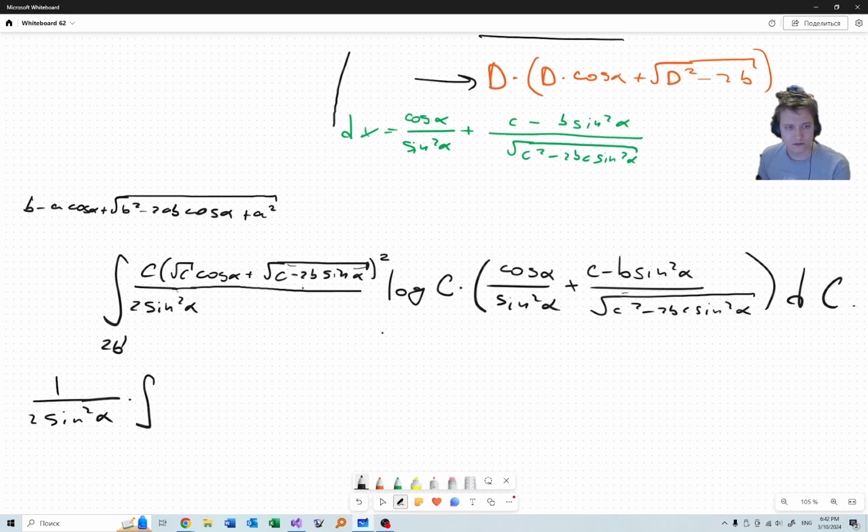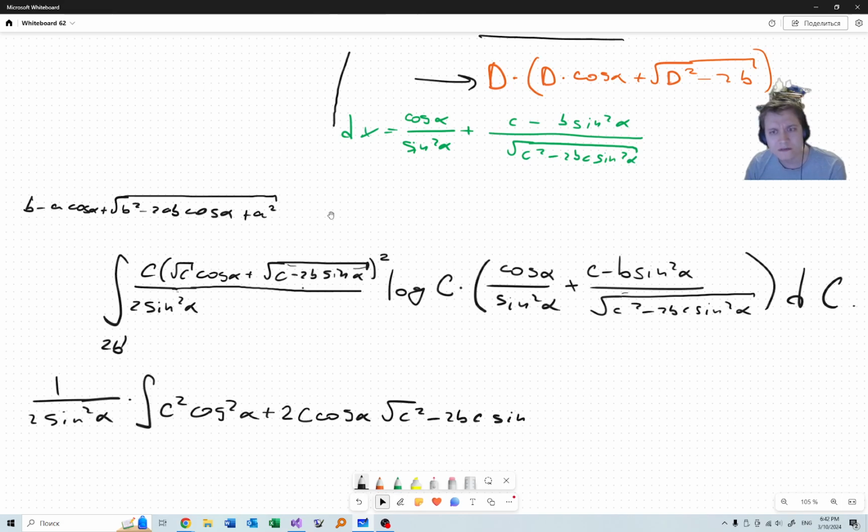Times the integral of c squared cos squared alpha plus 2c cos alpha square root of c squared minus 2bc sine squared alpha.